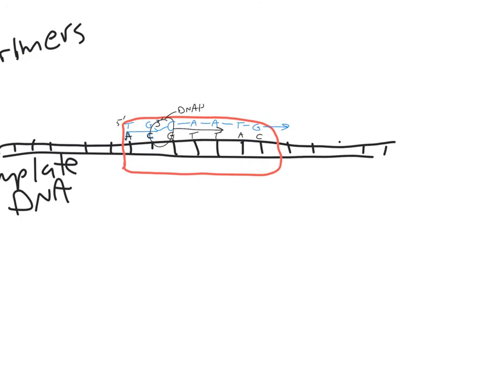Okay, now, how many primers are there in a PCR reaction? How many different primers are there? 1, 2, 3, 4, 10, 20? 2. So where do I draw the other primer?